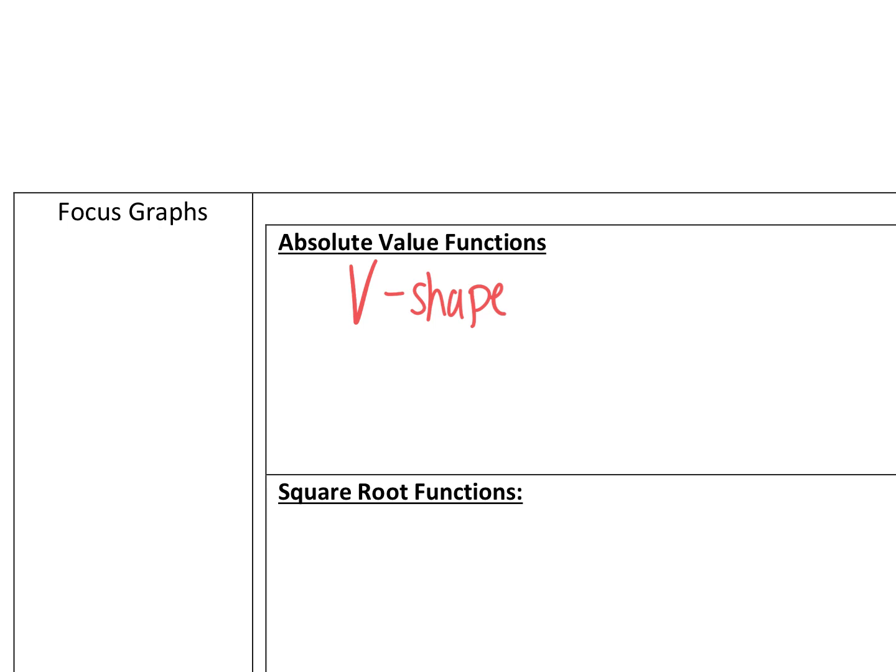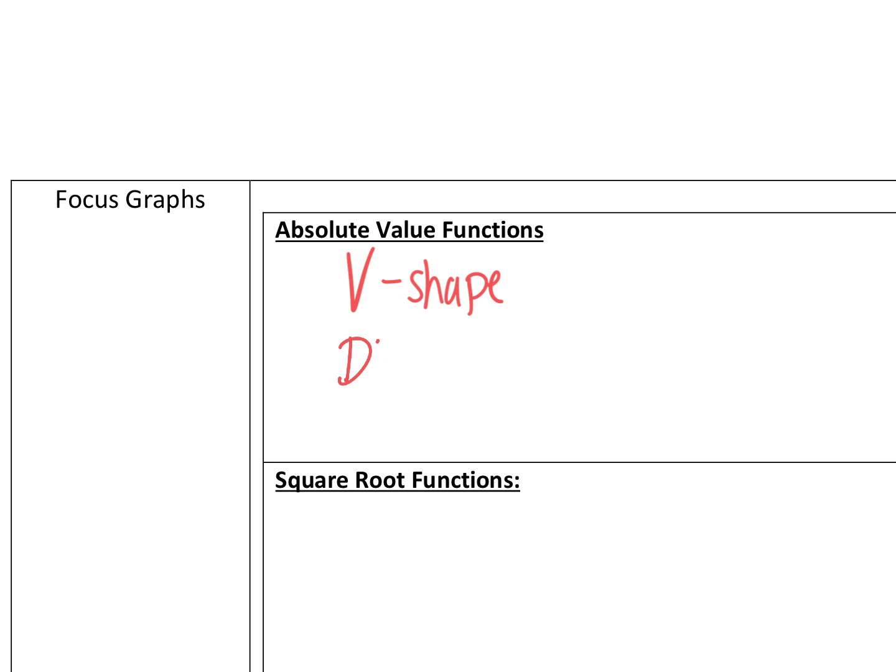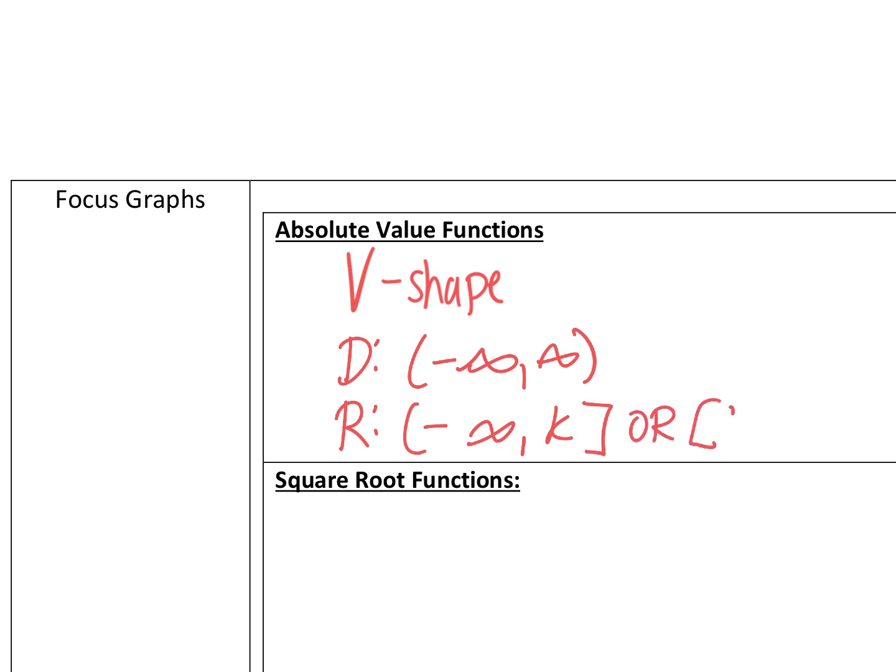And actually, their domain and range, which are going to be important in this unit, worked the same as a quadratic. So domain went from negative infinity to positive infinity, because we went left and right forever. And then range either went from negative infinity to your K value or from your K value to positive infinity.